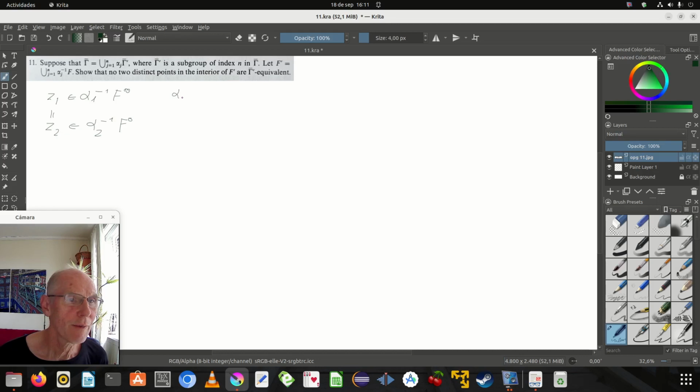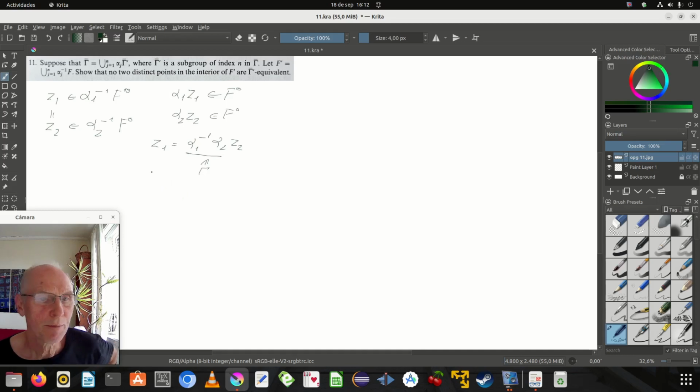That means that alpha 1 Z1 lies in the interior of F, and alpha 2 Z2 does as well. And this guy lies in gamma, so that's obviously impossible.